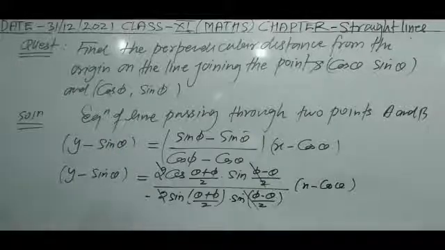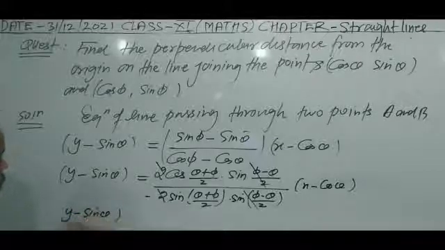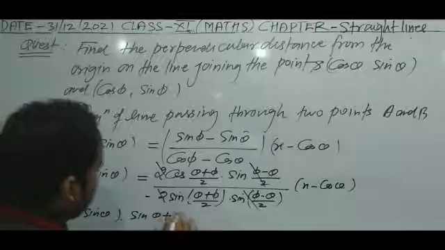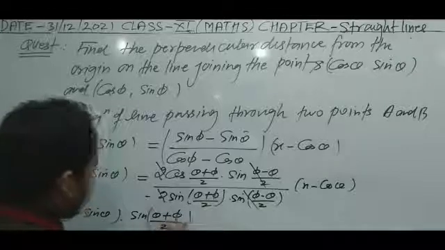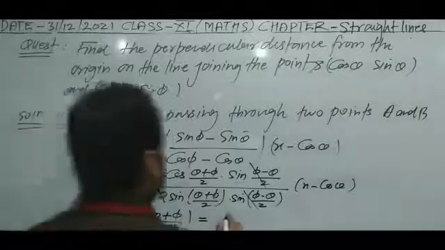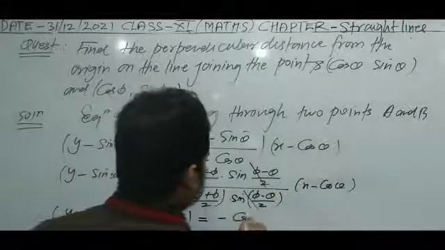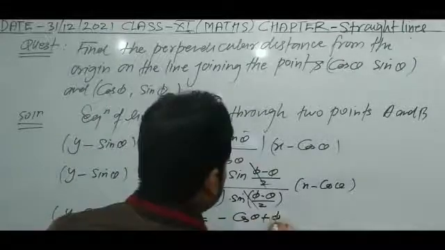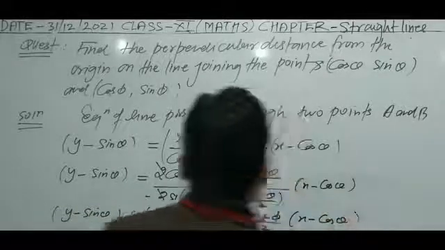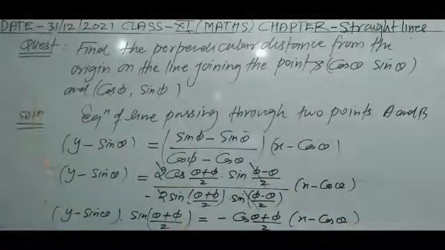So see, after cross multiplying, what will be the result? Y minus sin theta into sin of theta plus phi by 2 is equal to minus cos of theta plus phi by 2 into x minus cos theta. Now you can see.